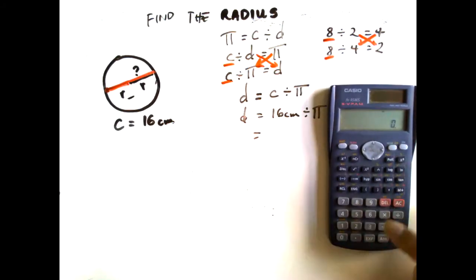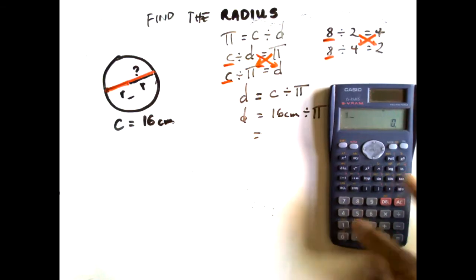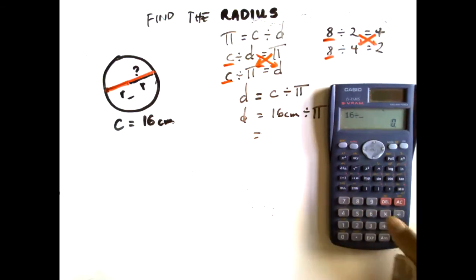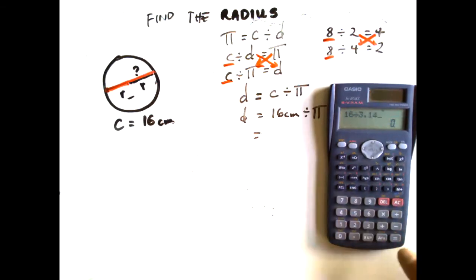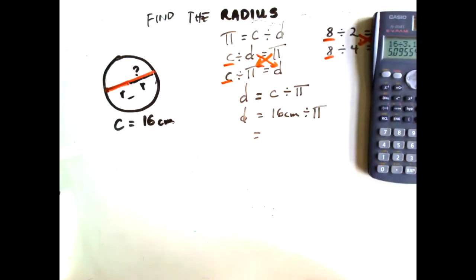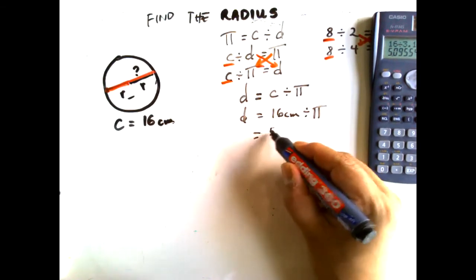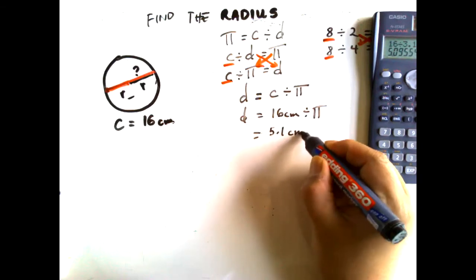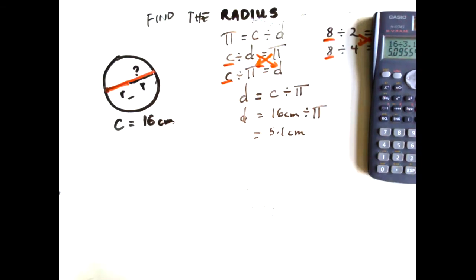So we have 16 divided by the value of pi, which is 3.14. You have an answer of 5.09. Let's just say 5.1. 5.1 centimeters. So we got the diameter.